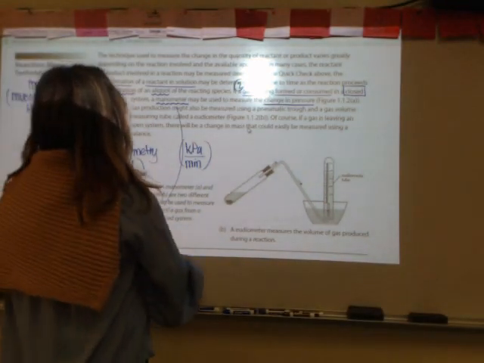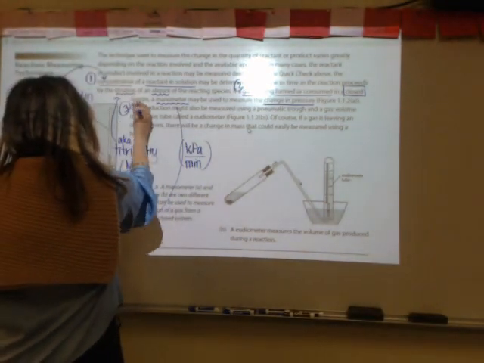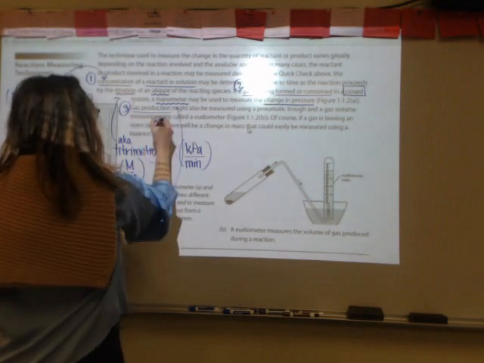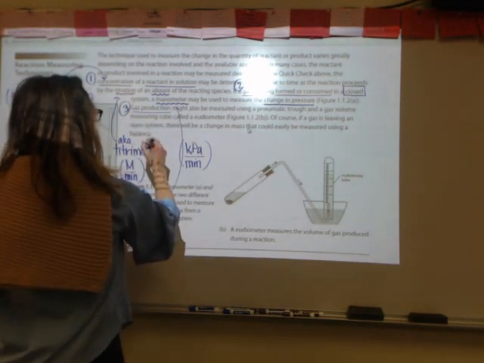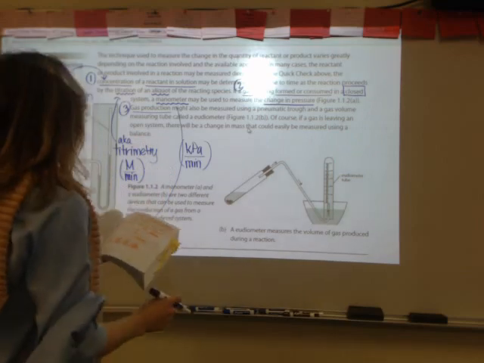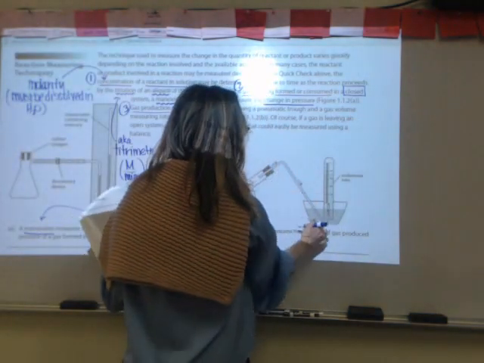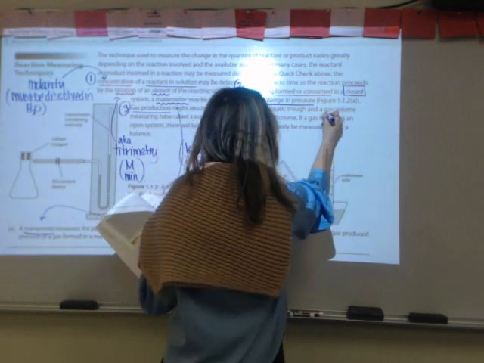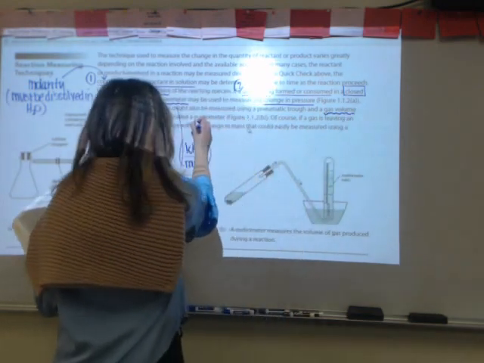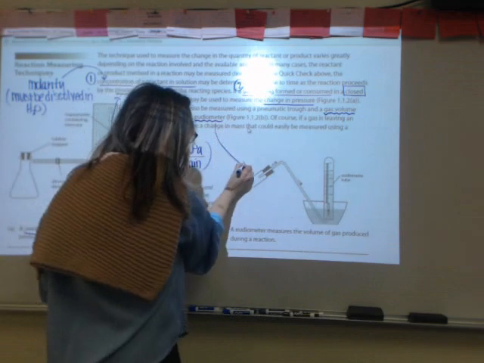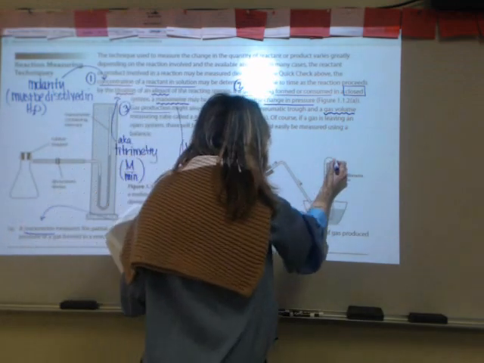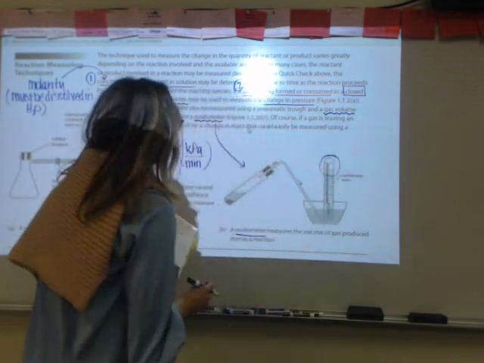What if you are producing a gas over water? You would be looking at gas volume using a eudiometer, which is down here. The gas would be collected here above the water.